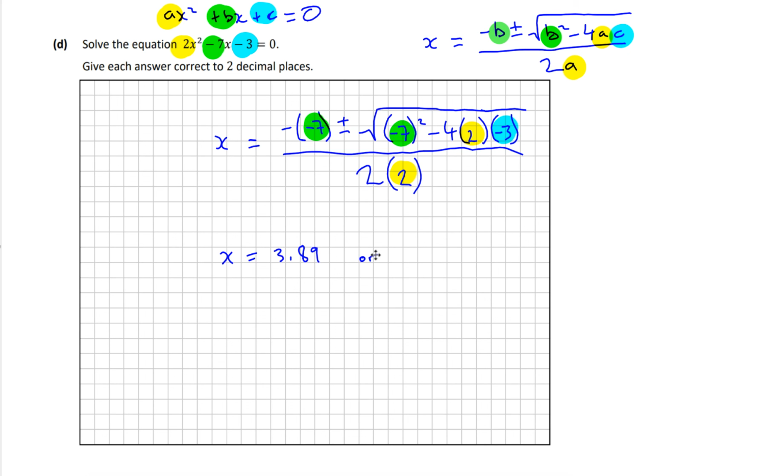Press equals. And this time you get minus 0.386, which is minus 0.39. So there's my 2 answers correct to 2 decimal places. And that's the end of the question.